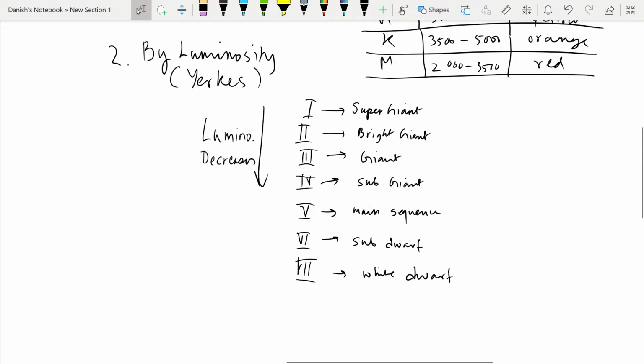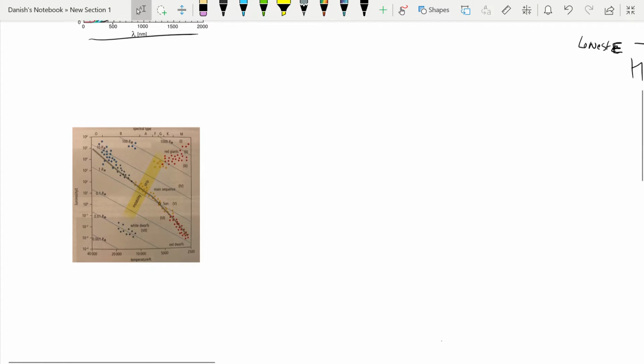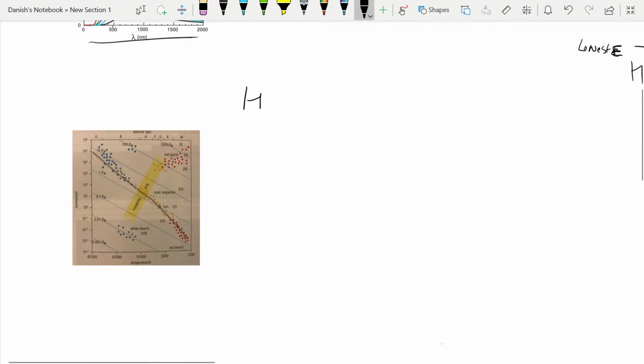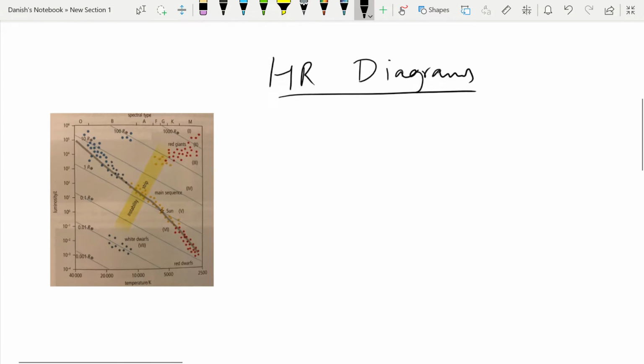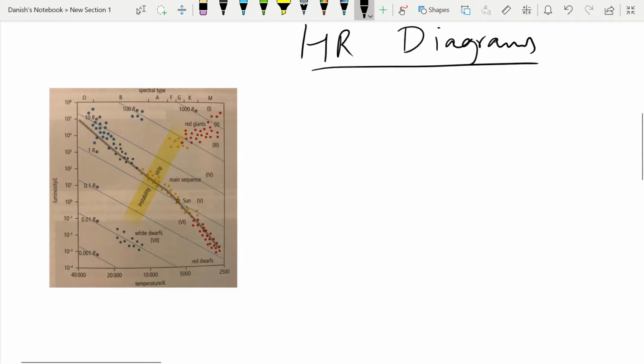Okay, now we move on to one of our last topics, which is the Hertzsprung-Russell diagrams, which we can see right here, which are called HR diagrams. So it looks very complicated, right? But let's zoom in on this a little bit. It looks very complicated, but it actually isn't.